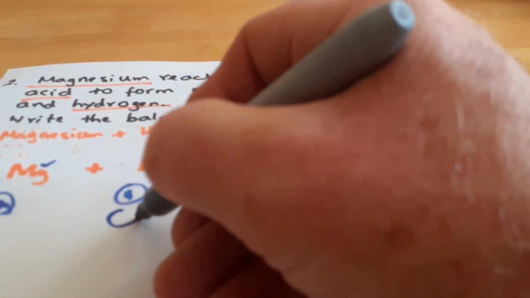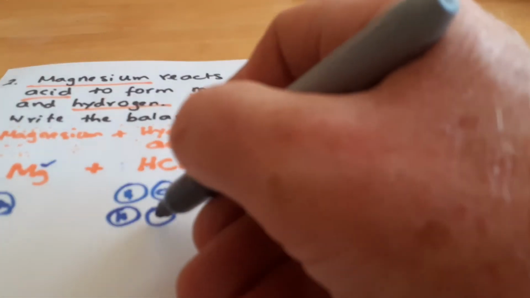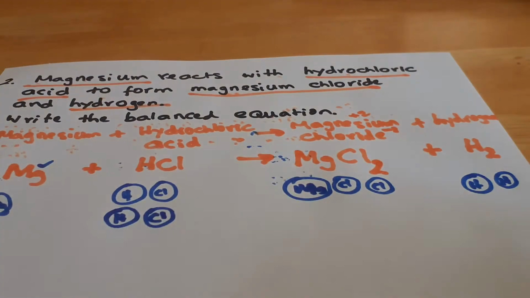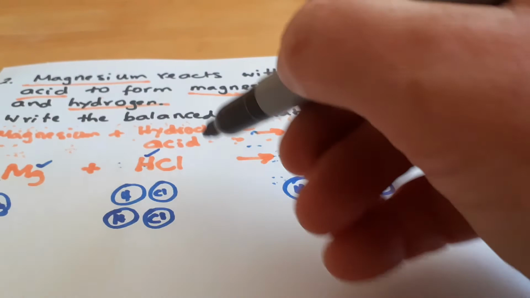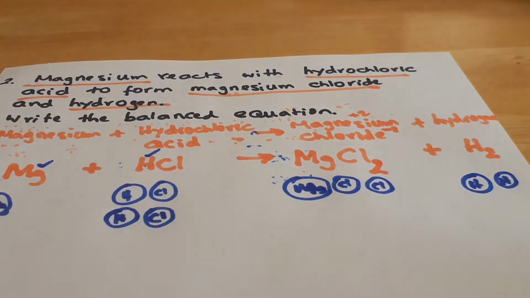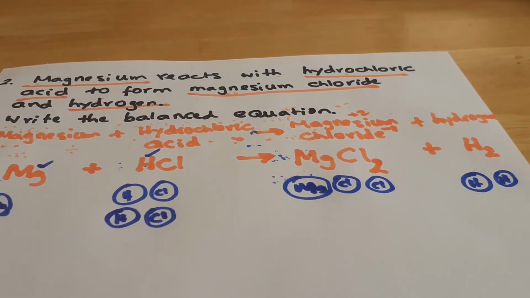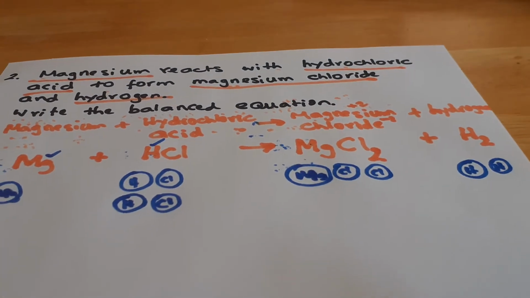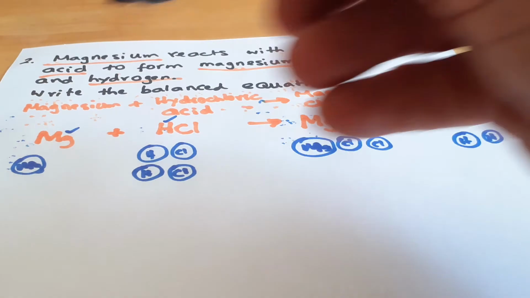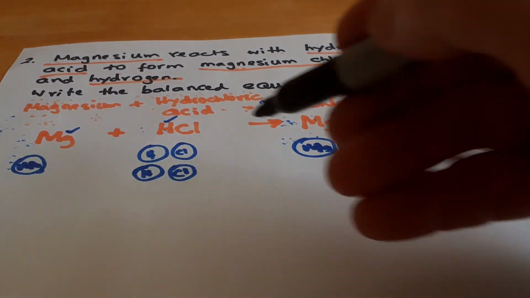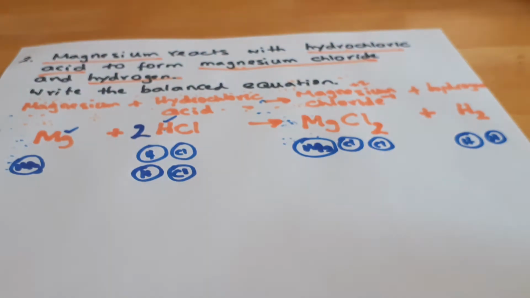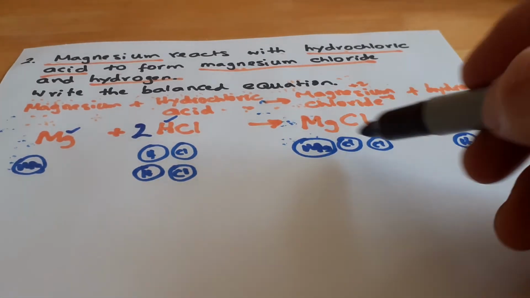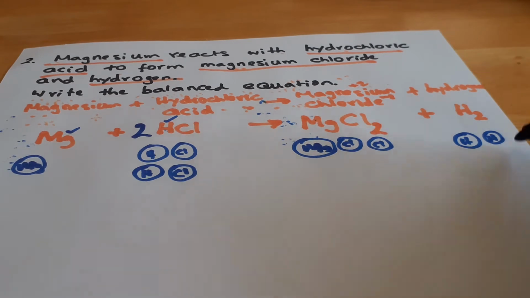So obviously we need another hydrogen, which means we've got to put another molecule of hydrogen chloride. So 2 chlorines, 2 chlorines. So finally the balancing now. 1 magnesium, we've got 2 molecules of hydrochloric acid, so 2 in front there. We've only got 1 of magnesium chloride and only 1 of hydrogen, so there we're fully balanced there.